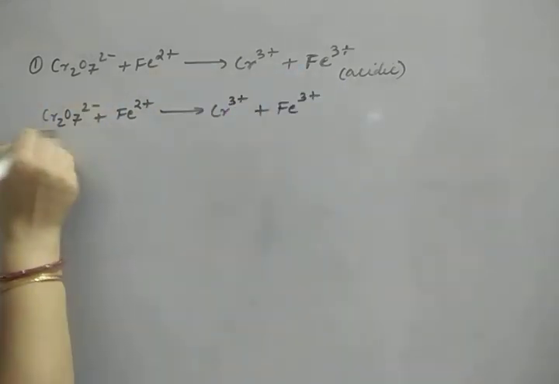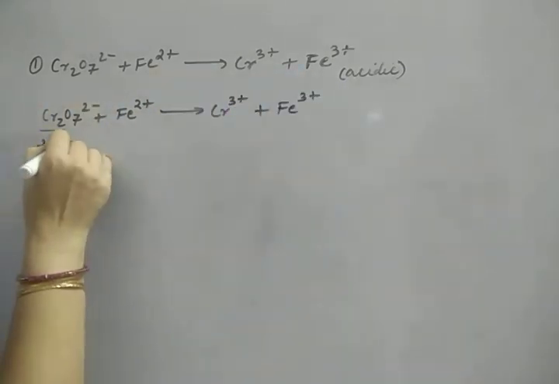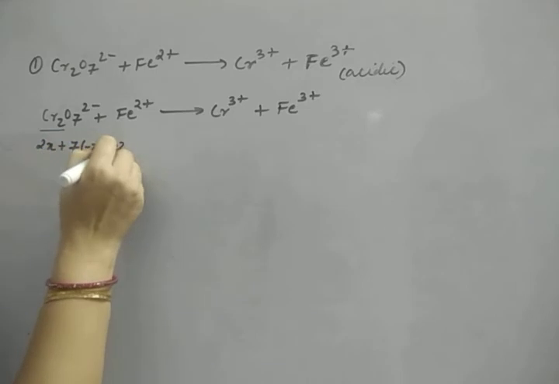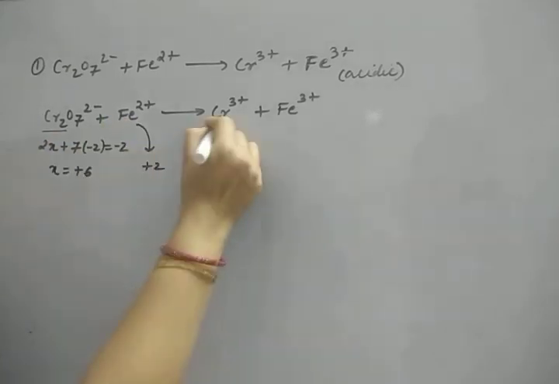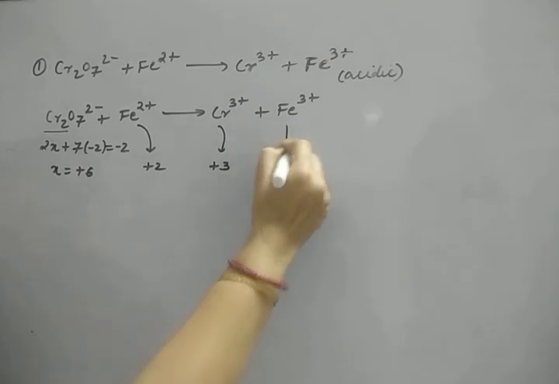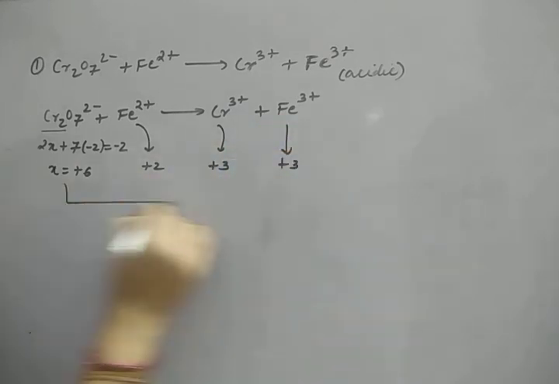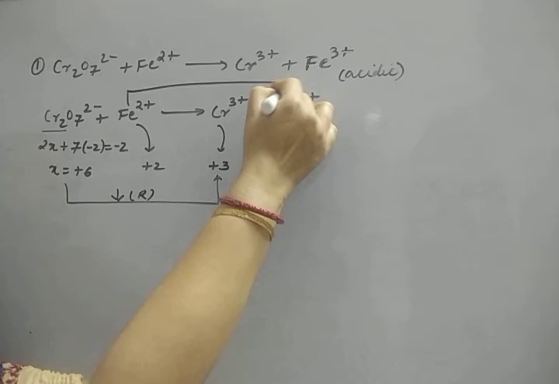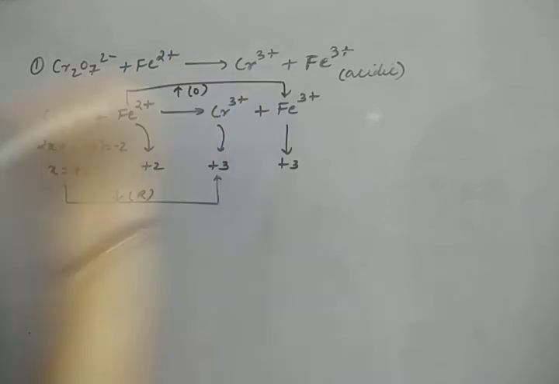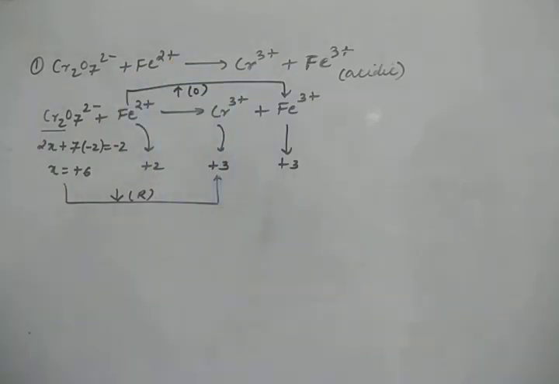So here we'll calculate for chromium: 2x plus 7 into minus 2 equals minus 2, so x equals plus 6. Here iron is plus 2, here chromium is plus 3, and here iron is also plus 3. So plus 6 to plus 3 is decreasing, that is reduction, and plus 2 to plus 3 is increasing, that is oxidation.